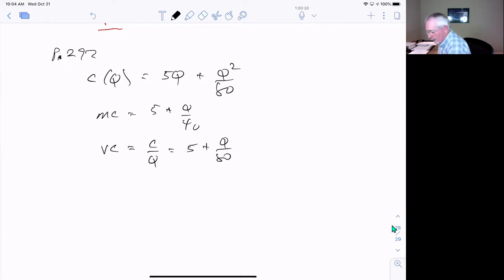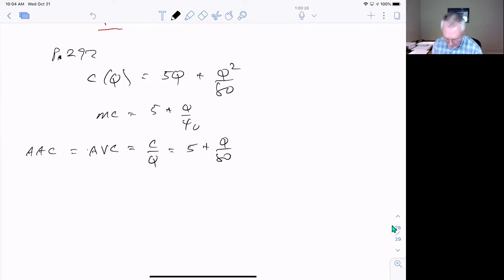Now, if this is Dan's variable cost function and he has no fixed cost, this is average variable cost, I'm sorry. This will also be Dan's average avoidable cost because he only has variable costs, so all costs are avoidable.